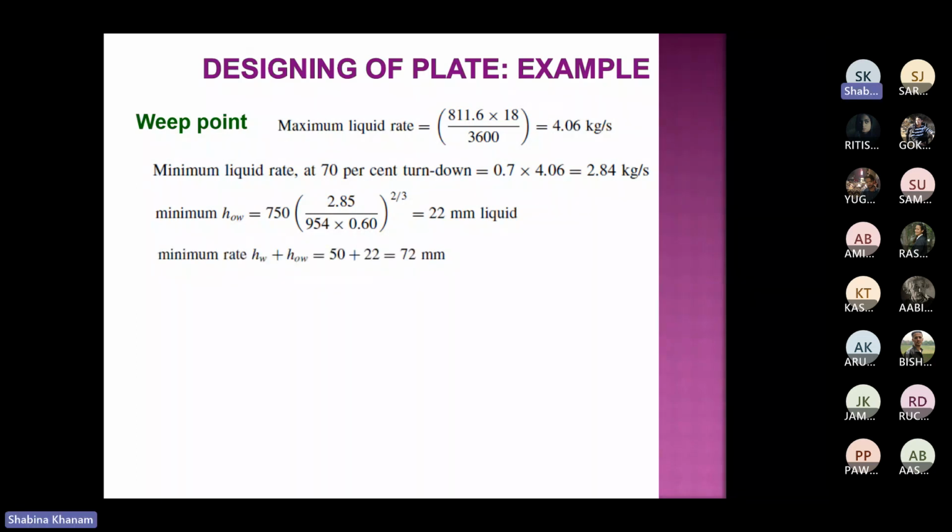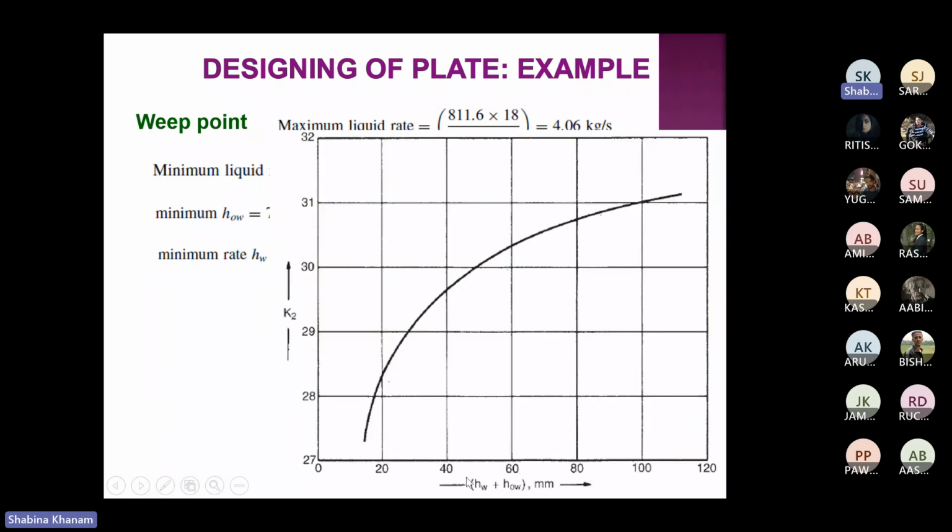And for the minimum rate I have weir height plus HOW. Okay, so the 50 mm weir height we have already considered. So 72 mm is the minimum height. Okay, and this height will be used in this graph to find out this K2. Okay, just a moment.